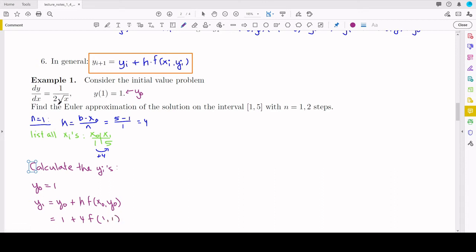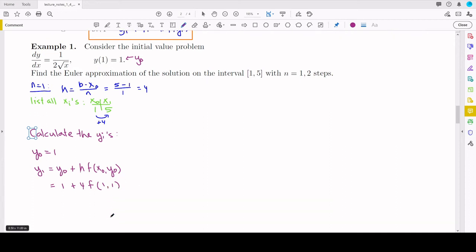And our function here is given by 1 over 2 square root of x. So let's write that on the side. So this is 1 plus 4 times 1 over 2 times square root of 1.